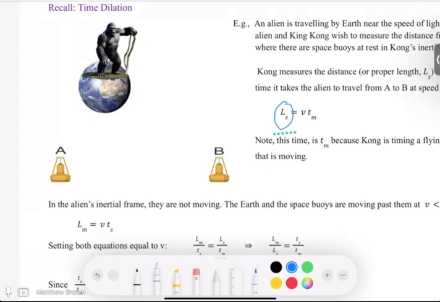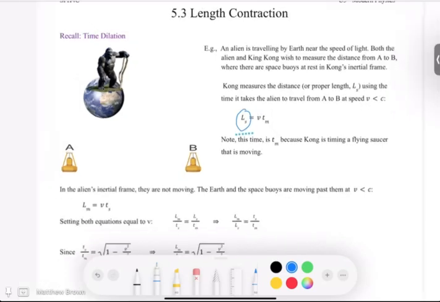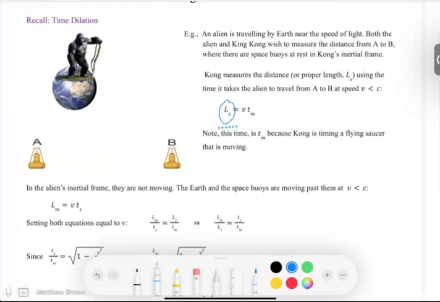We're measuring something that's stationary in our reference frame, and we put a subscript M if it's moving relative to our reference frame. Because we're going to use the time it takes this spaceship to go from A to B, we're going to be measuring the proper length, because these two buoys are stationary in our reference frame.